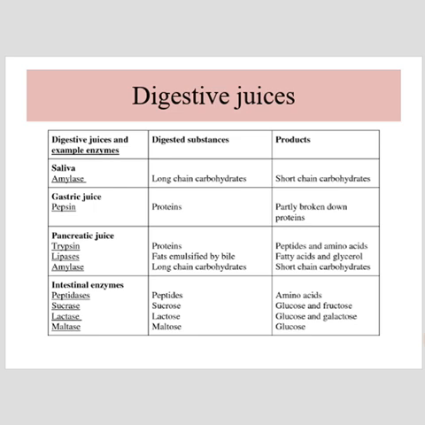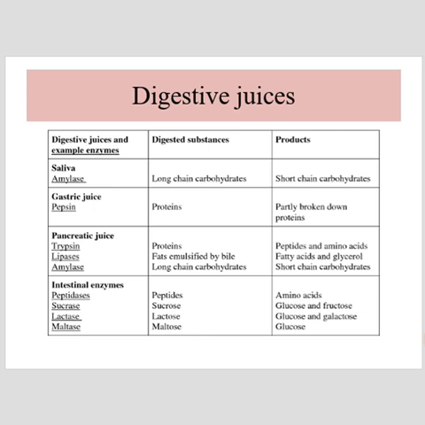The gastric juice secretes the enzyme pepsin; the digested substances are proteins, which give us partly broken down proteins. The pancreatic juice secretes trypsin, lipases, and amylase.